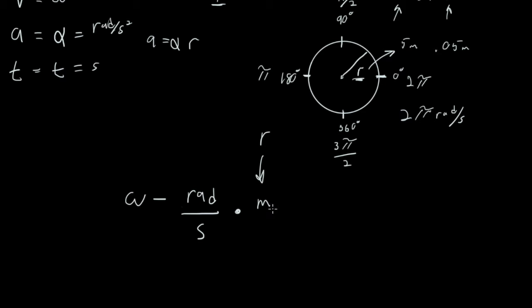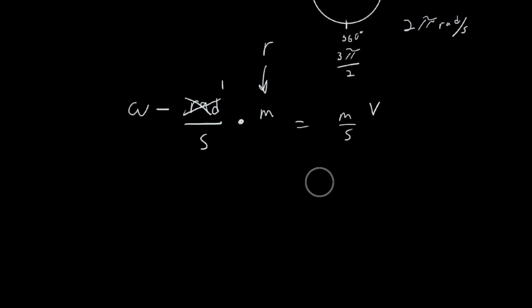And when I do that, radians, which is really not a unit at all, it's just a way of thinking about a unit, we could really say that that doesn't quite exist. It's just a 1 there, 1 over seconds, times a meter. Well, that's going to give me meters per second, which would be a velocity. So that works out nice and easily like that.